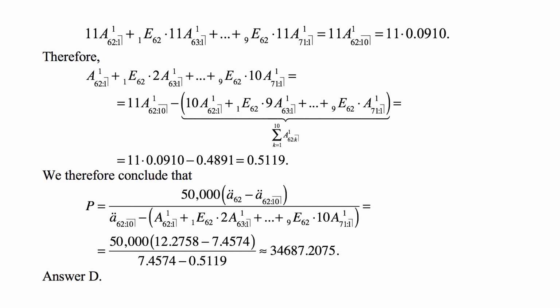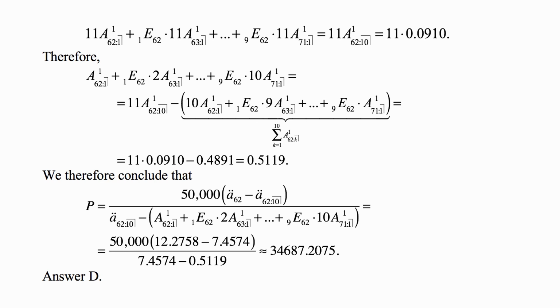Then based on this, the expression that we're looking for, the one in the denominator of the premium, is equal to 11 times that 10-year term minus the sum from k equal 1 to 10 of k-year term coverage, which is the expression given in the problem. So this is 11 times 0.0910 minus 0.4891, and that difference is equal to 0.119.